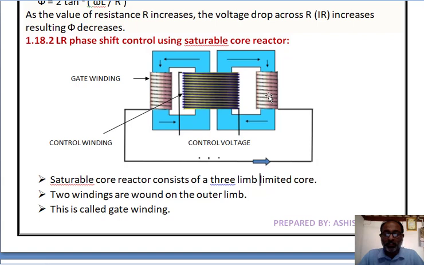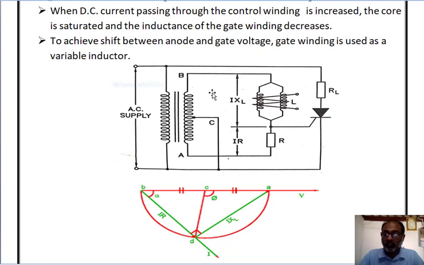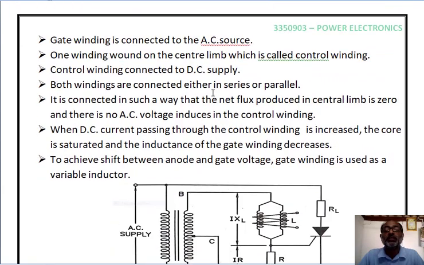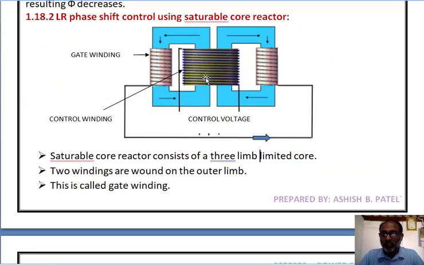But they are connected in such a way that the net flux produced in the central limb is zero, and there is no AC EMF induced in this control winding. When there is no DC current passing through this winding, nothing changes.